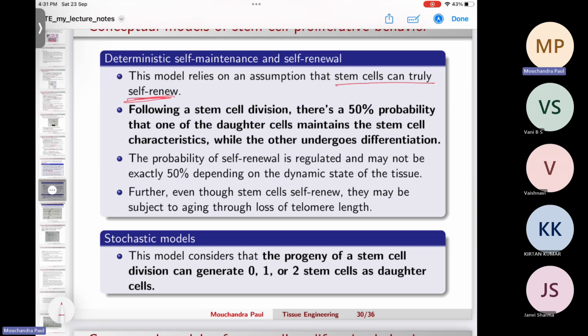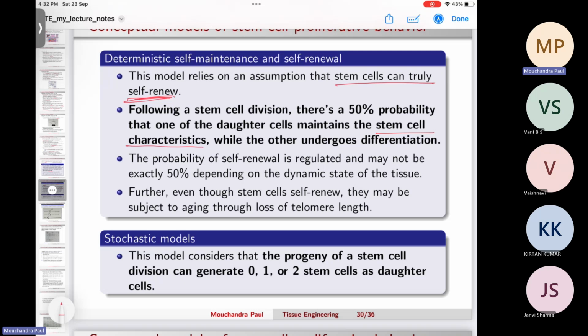There is a 50% probability that one of the daughter cells will maintain its stem cell characteristics and contribute to replenishing the stem cell reservoir, while the other daughter cell will undergo differentiation along a particular lineage. So there is a 50-50 chance of self-renewal, and another 50% chance that the daughter cell will undergo differentiation.